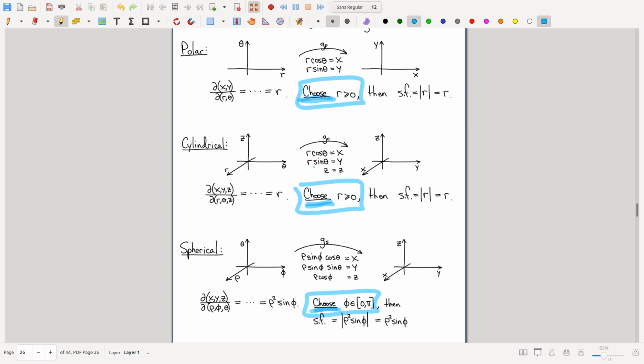These are values that I like anyway, right? I personally, and I think probably all y'all, prefer positive values of r. It's just more natural usually to think of things that way, and I prefer values of phi between 0 and pi. It gets really weird when you pick different values of phi, right? That's where things get confusing.